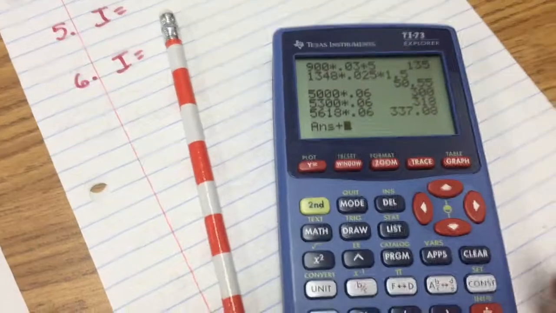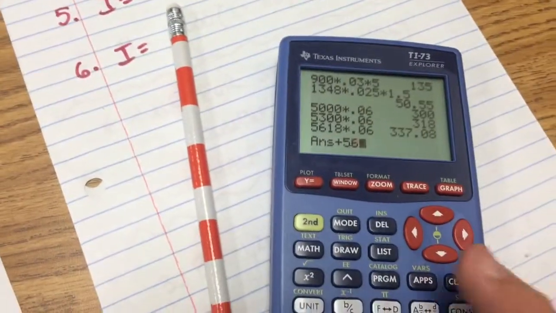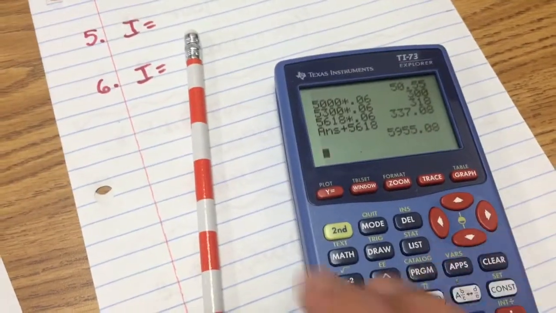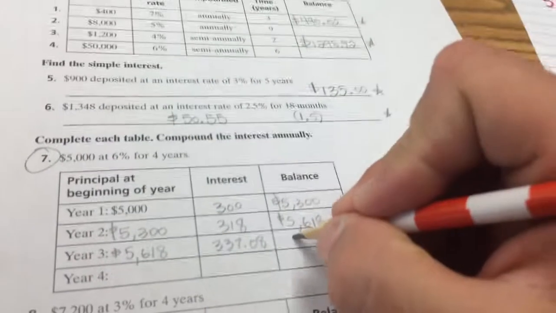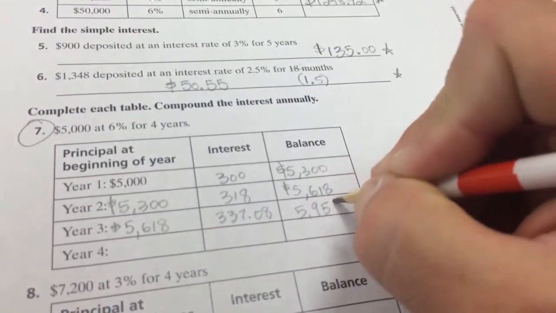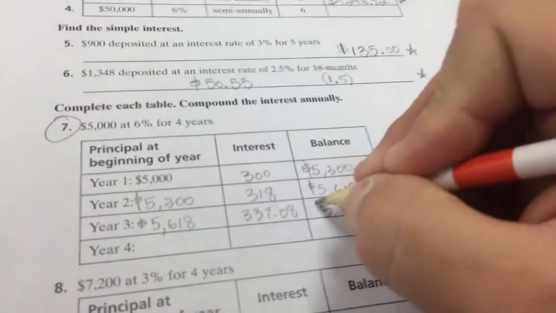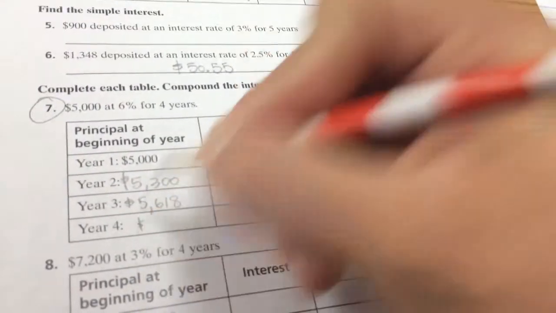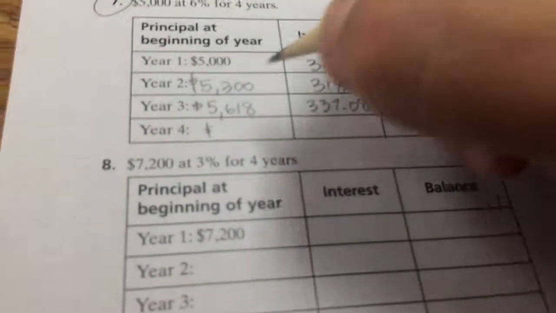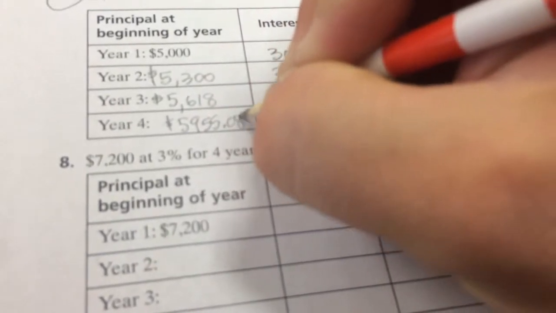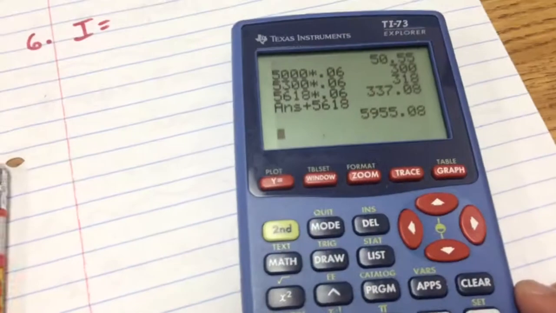I'm just going to add that to my old balance of 5618, and I get 5,955.08. Write that again. 5,955.08. And finally, my last year.